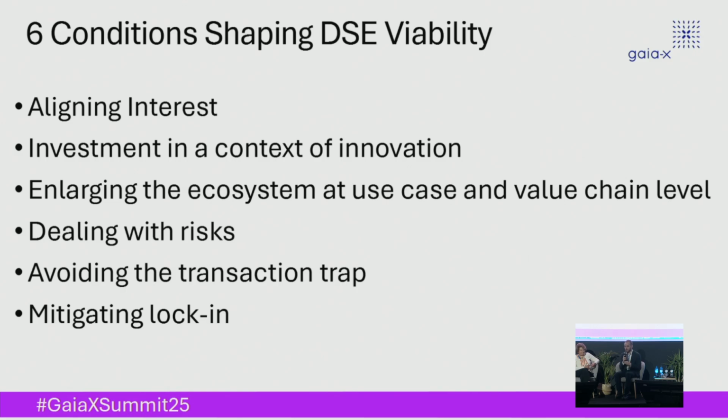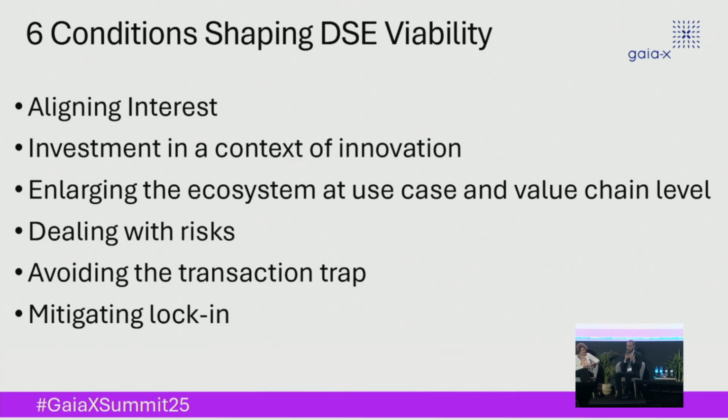The first two are condition 0 and condition 1. Condition 0 is to find a subset of participants that want to share data together. It can seem a bit trivial, but compared to a few years ago, it wasn't the case. Now the sector and the actors collectively acknowledge that it's super important, at the design stage before the ecosystem is launched, to understand what subset of participants is required and relevant to start the initiative.